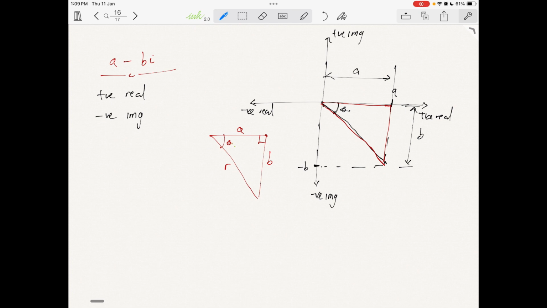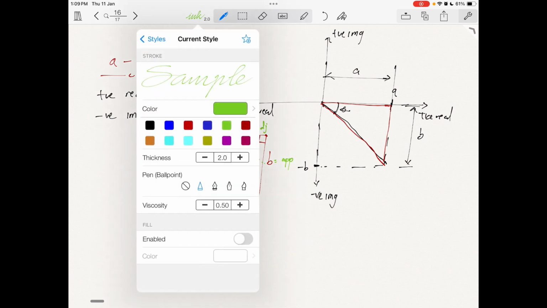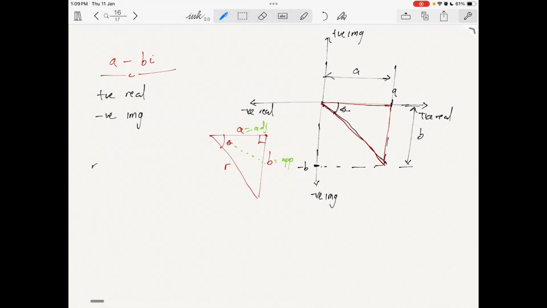Now, the side facing angle theta is the opposite, so b is the opposite and a is the adjacent. So our R is equal to the square root of a squared plus b squared according to Pythagoras theorem, and tan theta is opposite over adjacent according to SOHCAHTOA, and the opposite is b and the adjacent is a. So therefore our theta will be equal to arctan b over a.